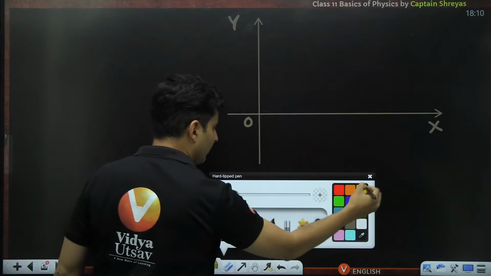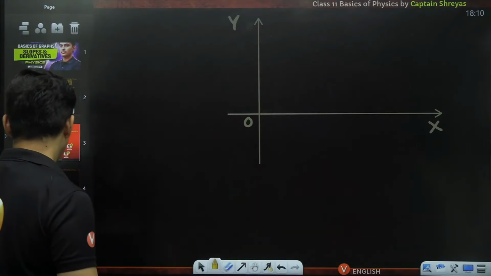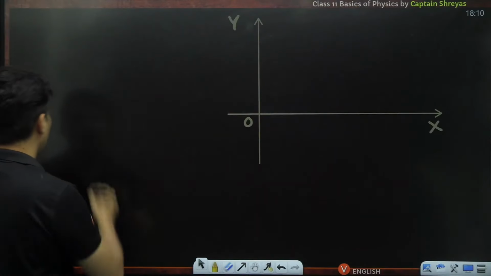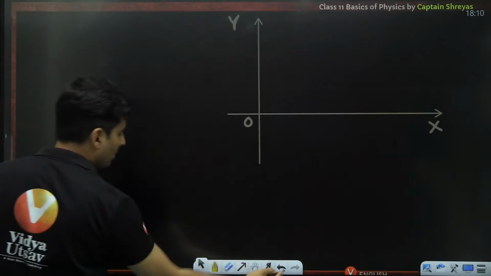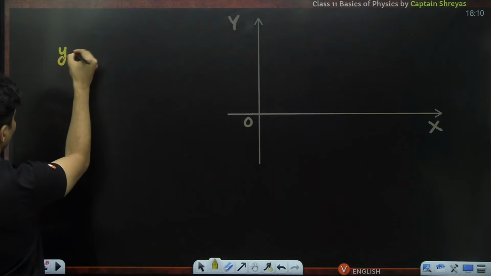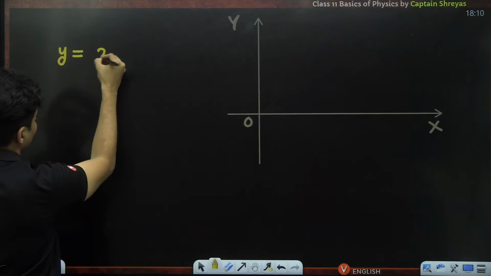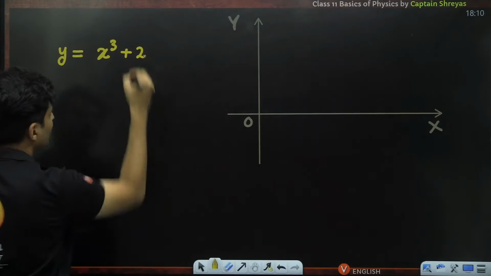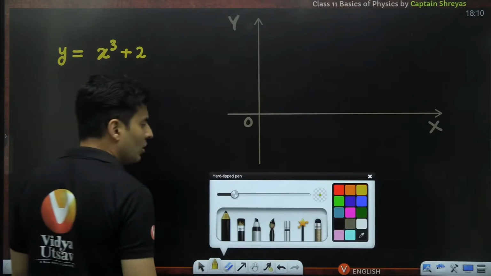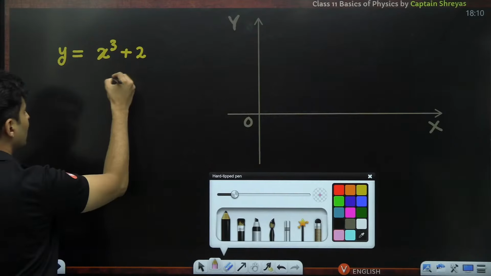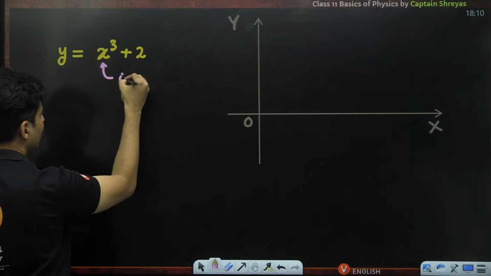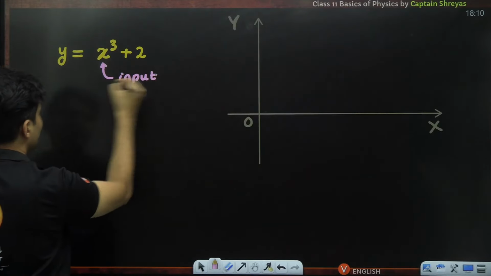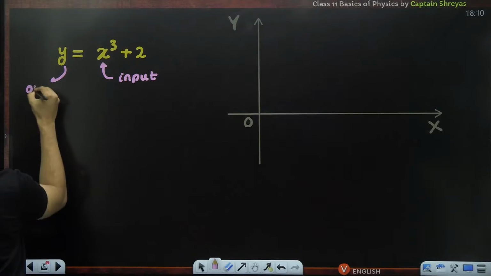Say for example, I tell you, listen, my y value is basically x cube plus 2. I have just told you something. Meaning, you tell me the value of x, that means you input the value of x, and I will give you the output.